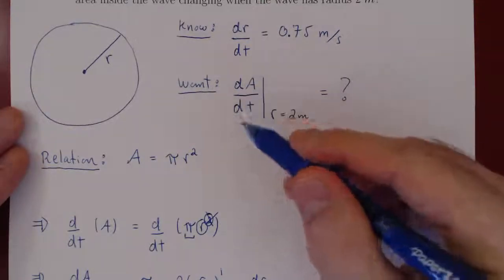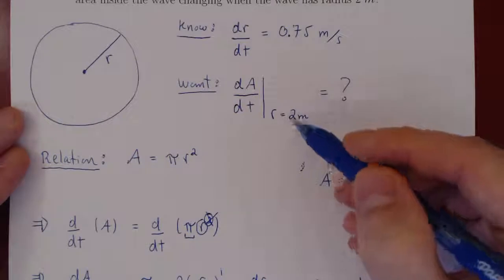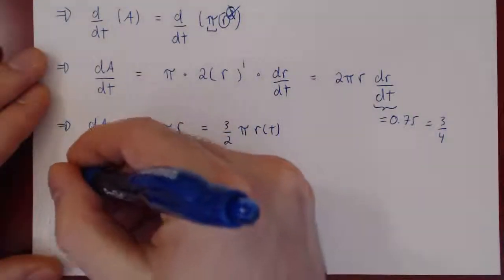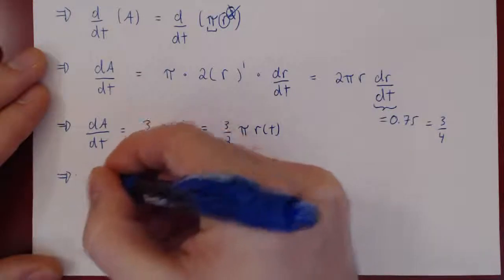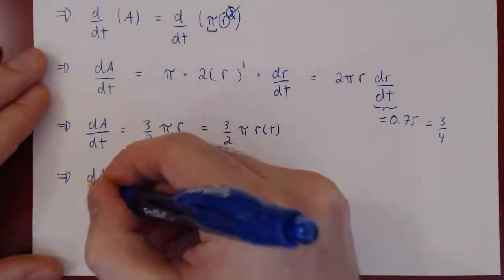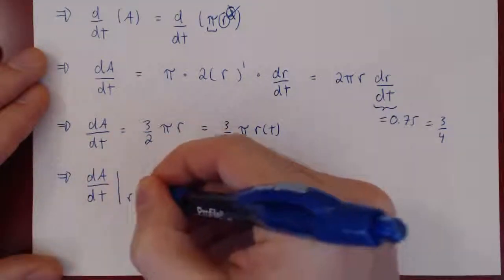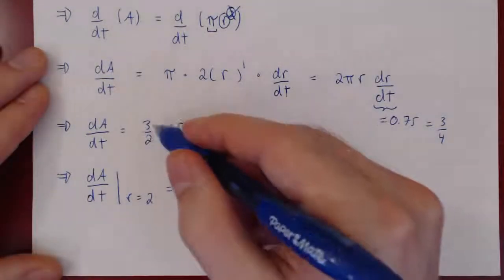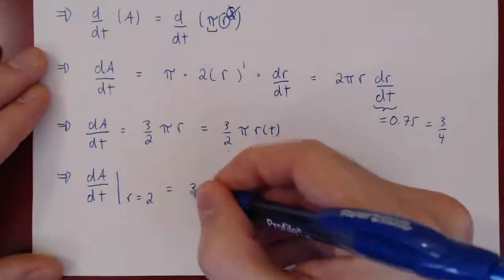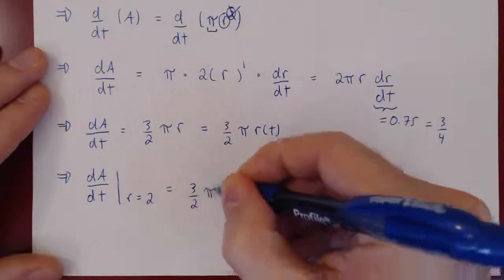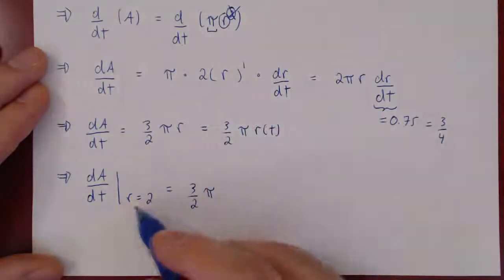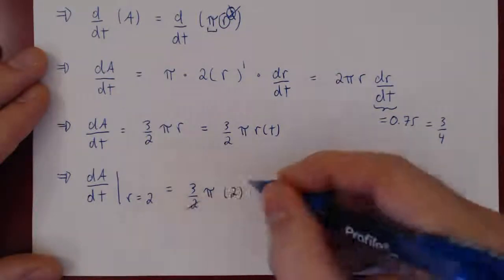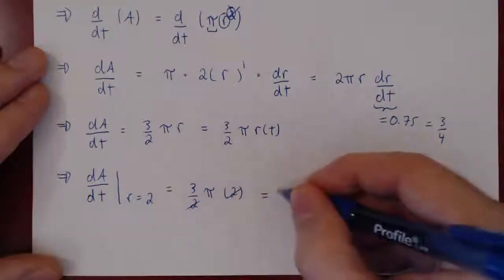So we just want to evaluate this function when r equals 2. Well, this will be 3 over 2 pi times the radius, which we now are setting equal to 2. And if you simplify, you're left with 3 pi.